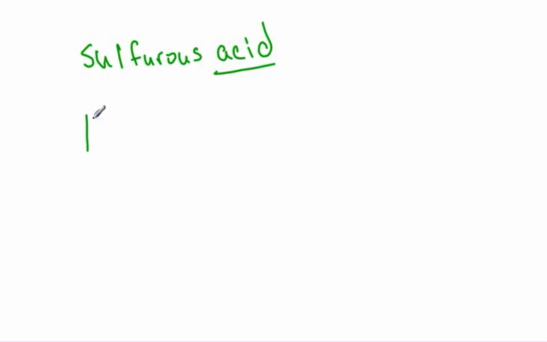Now we can go from the name to the formula for acids. We can have, what do I want to use? Sulfurous acid. It's an acid, so it starts with H. We don't have hydro, so we have an oxygen in the polyatomic, in the anion.